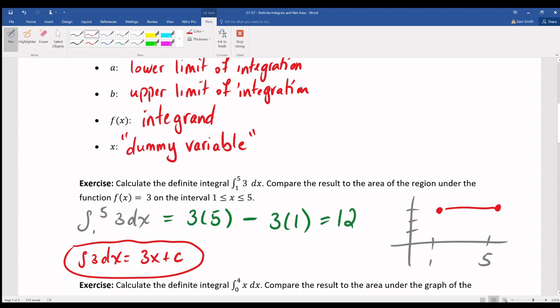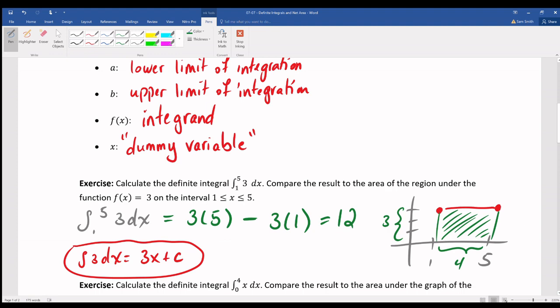Now what's interesting is that if we consider the area under this graph, we can actually calculate that area very easily by taking the height of this rectangle, 3, multiplying it by the width of this rectangle, 4, and the result of that is an area of 12. So that's pretty interesting. The value that we got from this definite integral is precisely the same as the area under the graph of the integrand.